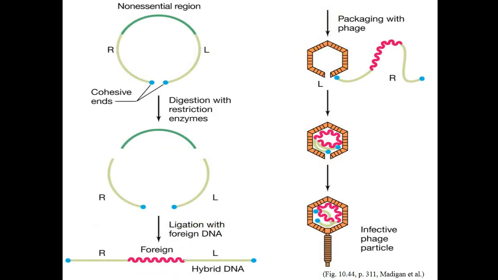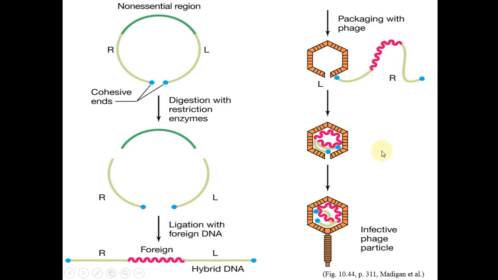So here you can clearly see these two ends are cos sites. This is the non-essential segment which is removed, and this red color foreign DNA is attached here. The phage head is packed with the phage DNA from one cos site to the other cos site. These cos sites are complementary to one another.